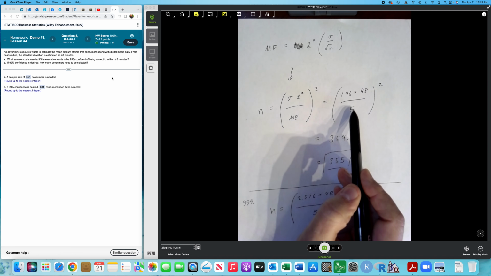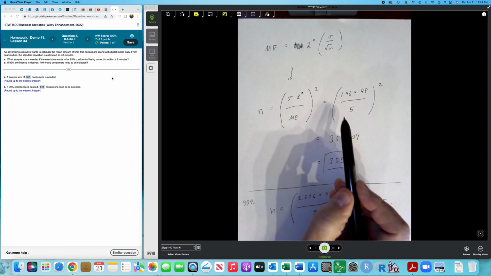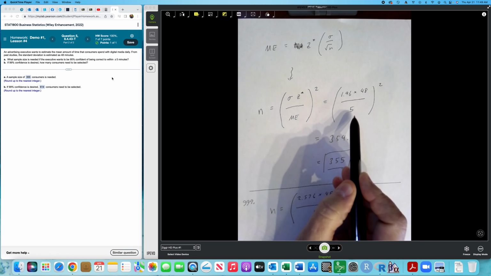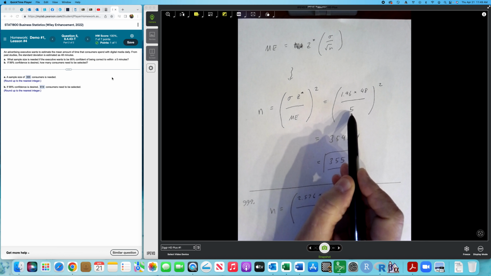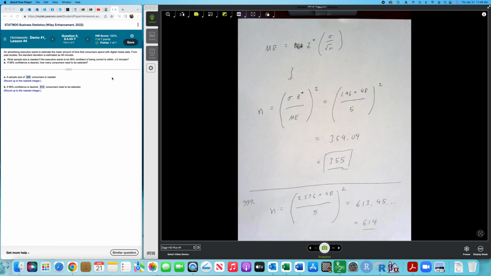It's given in the problem. And we have a desired margin of error within plus or minus 5 minutes, so we only need to use the 5 there. Put that in your calculator, you get 354.04, round up as always, so we get 355.